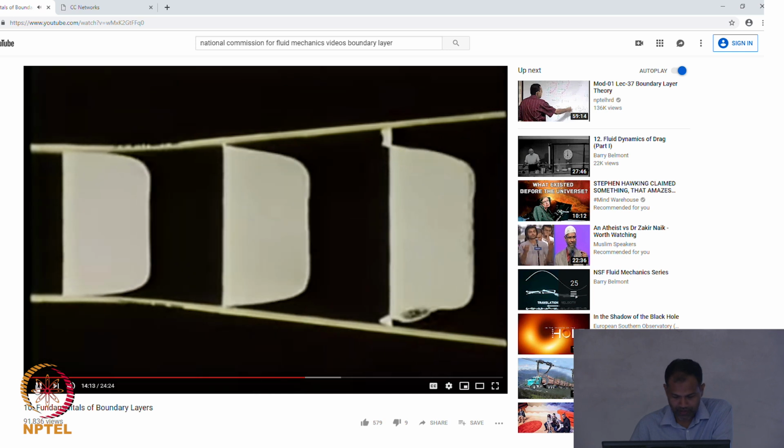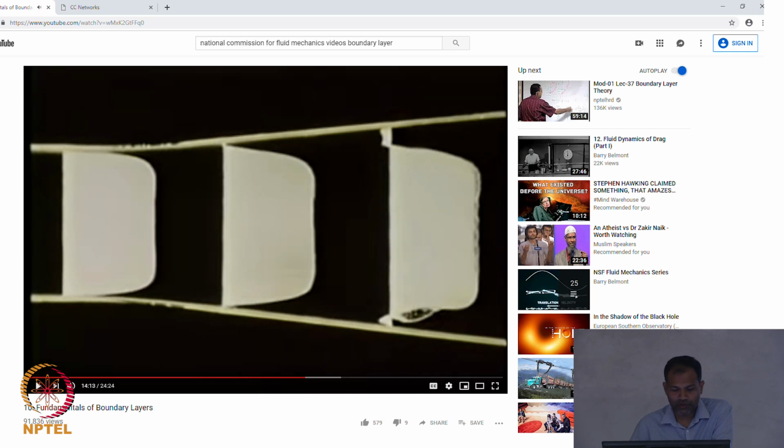Here this is more or less uniform. Then you can see a bit further downstream, and a bit more downstream. You can see that because this is diverging, the velocity is decreasing. That would mean the pressure is increasing, and we know that the pressure gradient outside is going to determine what is going to happen on the wall, and the fluid is actually flowing in the opposite direction.